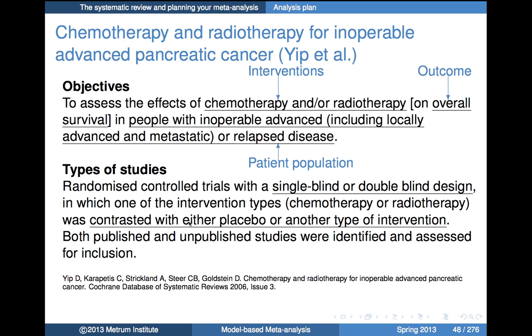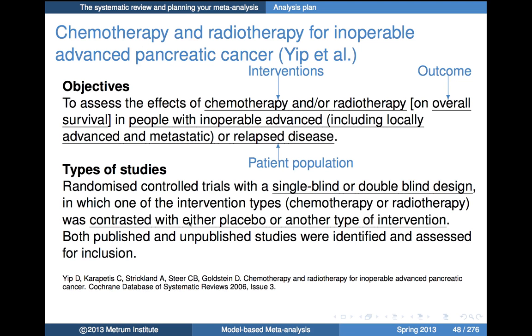Here they give us the specific objective, being to assess the effects of chemotherapy and radiotherapy on overall survival in people with inoperable advanced disease, including locally advanced and metastatic or relapsed disease. So we can see here, embedded in here are our interventions of interest, chemotherapy or radiotherapy. Our outcome of interest is overall survival, and the patient population are patients with inoperable or advanced pancreatic cancer.